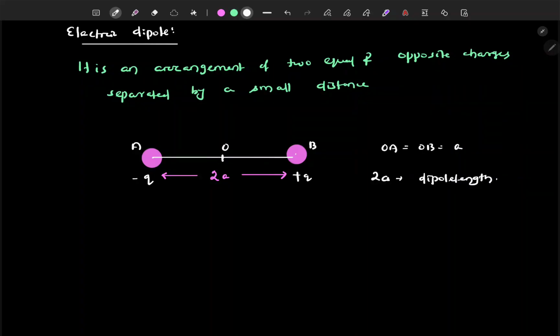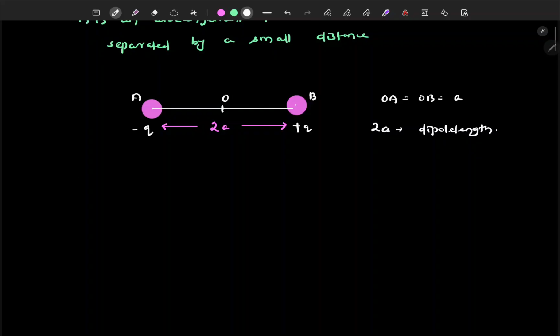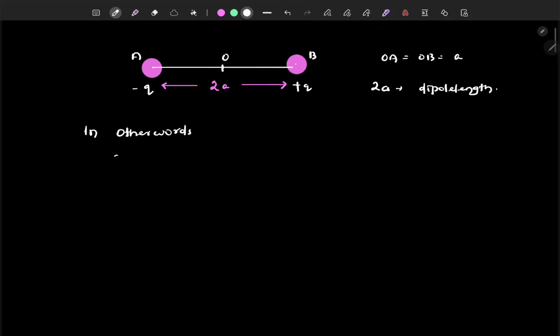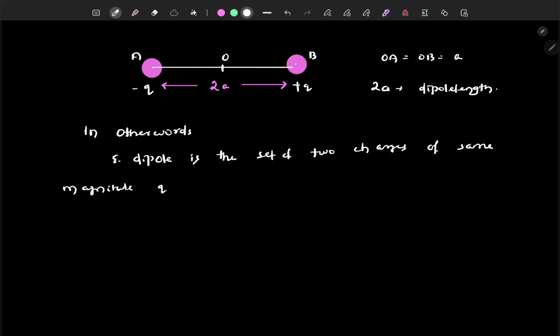And in other words, we can write, electric dipole is a set of two charges of same magnitude q but of opposite sign, separated by a small distance.